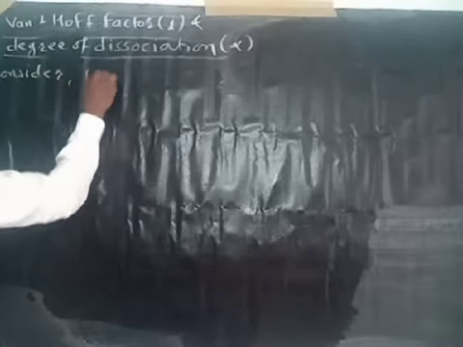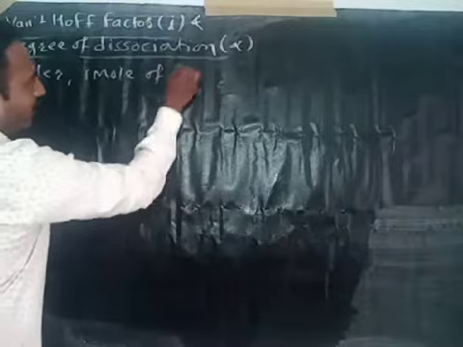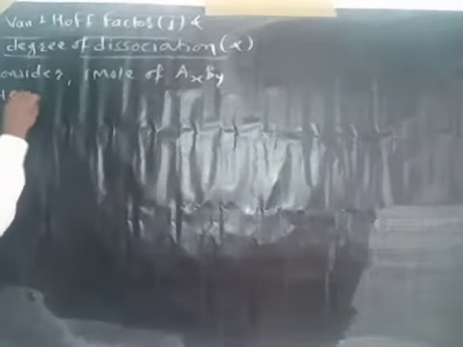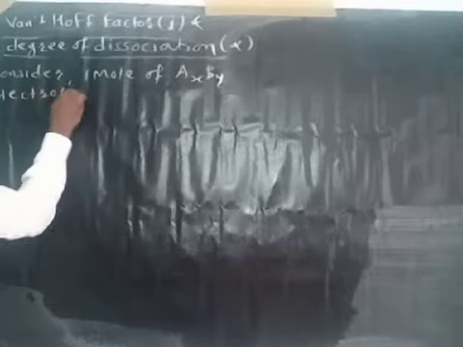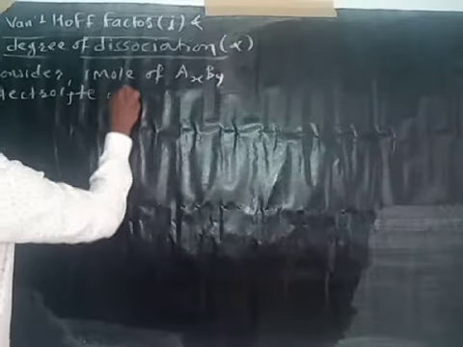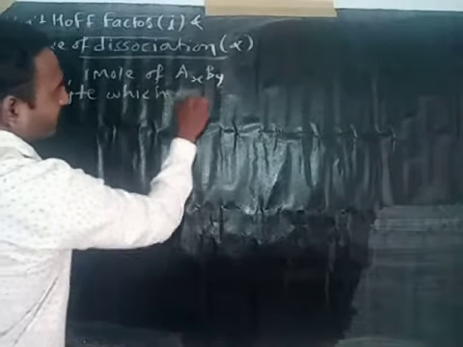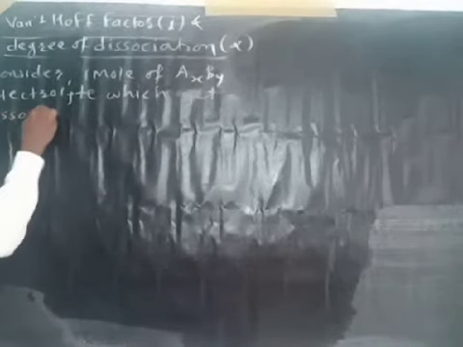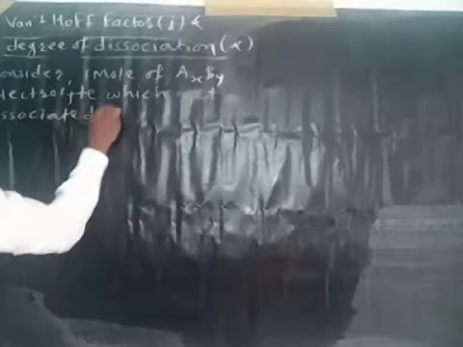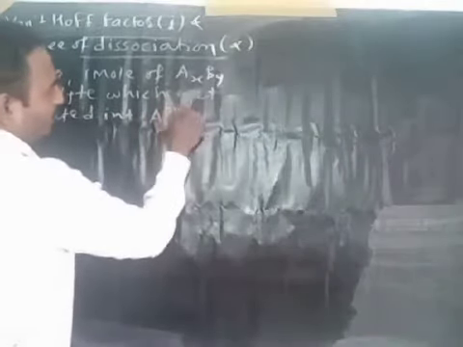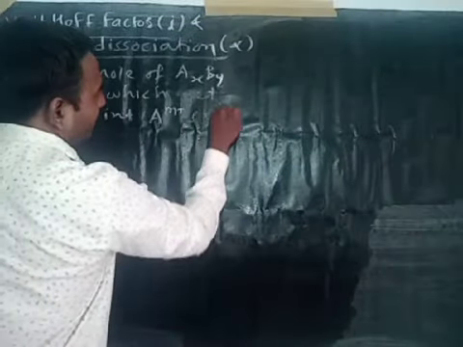Consider 1 mole of A x B y electrolyte which gets dissociated into A m+ and B n-.